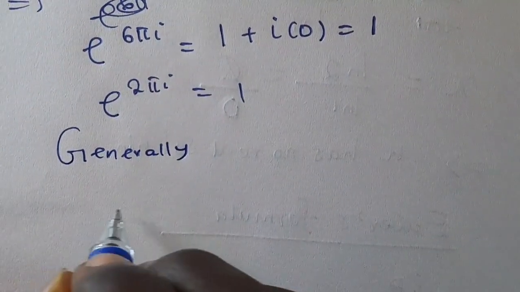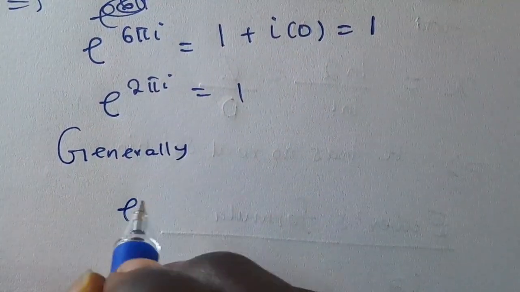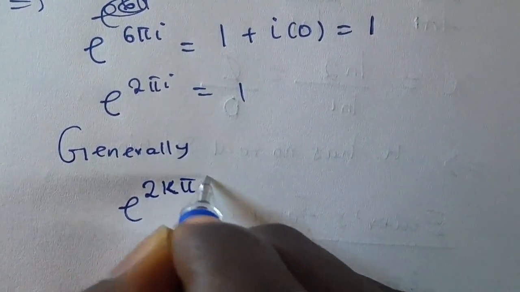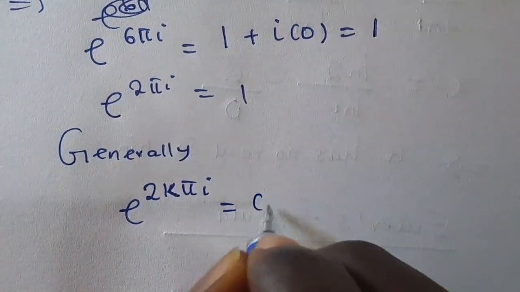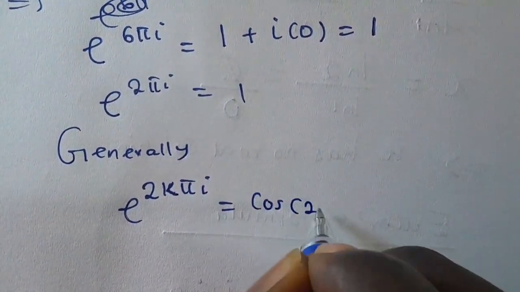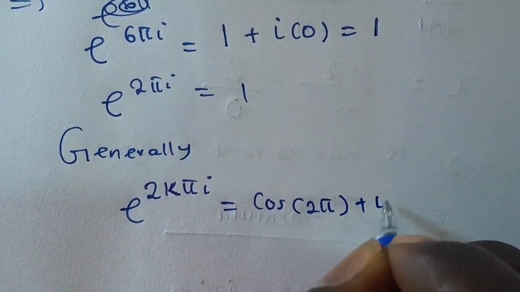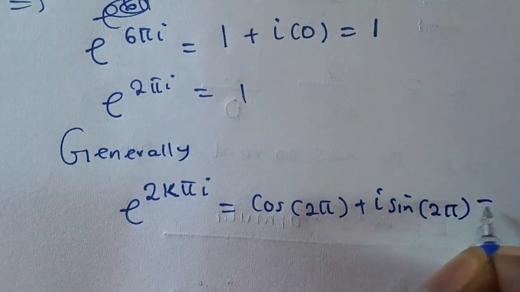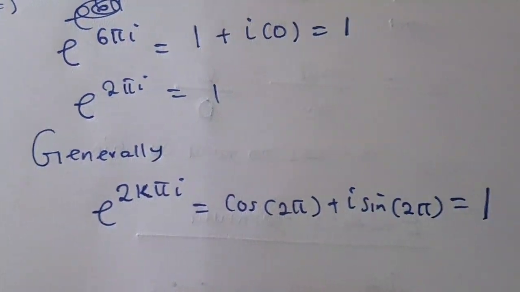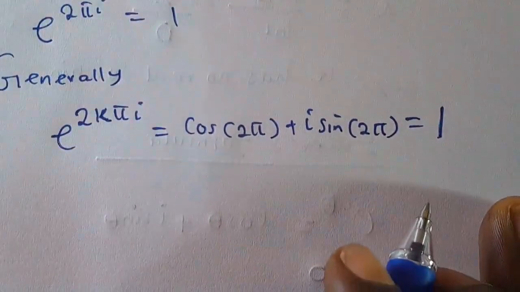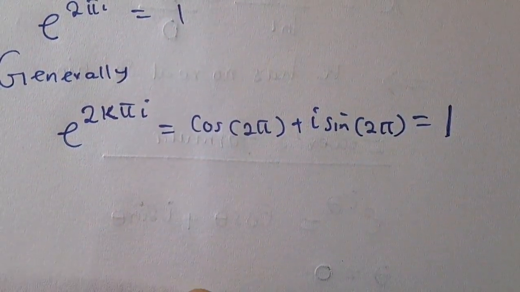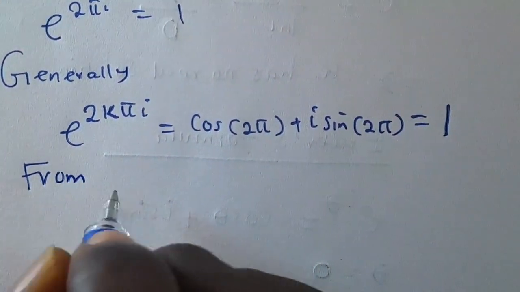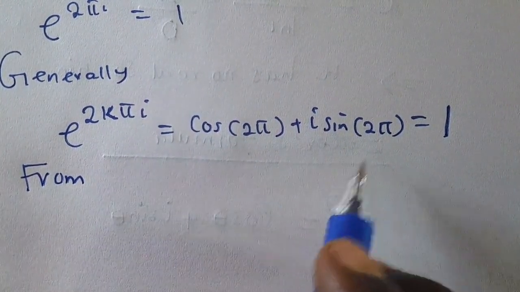So therefore, generally, we can have e to the power of 2k pi i equals cos 2k pi plus i sine 2k pi, which always gives us 1. So now we can do something reasonable. Let us recall the problem given to us, because we want to make use of this Euler expression.